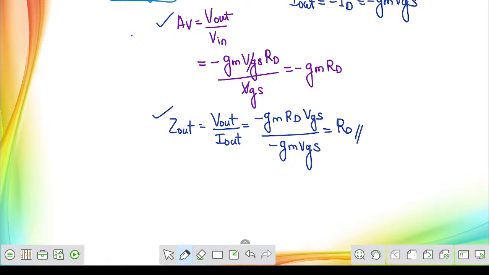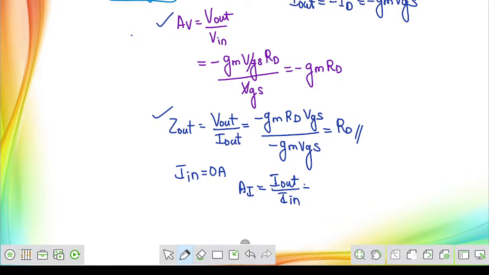I said we can calculate one more parameter, input impedance, and current gain is also possible. For the given circuit, whether the current gain is possible or not, you will have to cross check the input current, sir. Input current is 0 ampere. If you are exploring current gain, it will be approaching infinity. If I am trying to calculate the current gain, the output current we know, minus Gm into VGS, and we take the ratio of output current divided by input current.